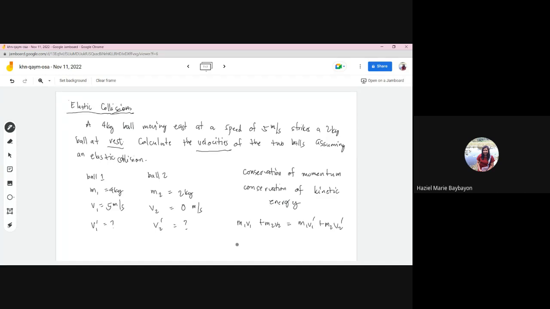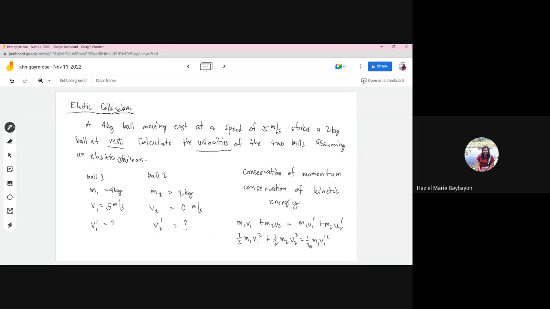Okay? And then, for the kinetic energy before is equal to the kinetic energy after. So you have 1/2 M1 V1 squared plus 1/2 M2 V2 squared is equal to, let me just erase this one, the final kinetic energy.